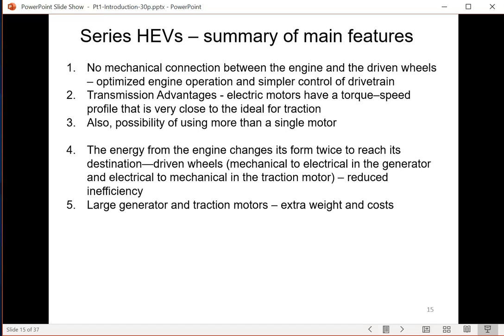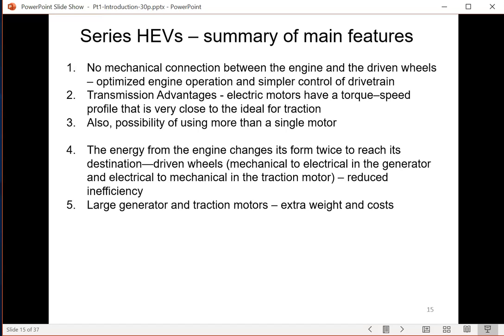That drives the generator. So mechanical, the output of the generator gives you electrical. The electrical goes through various converters to the motor. The motor converts the electrical back to the mechanical. So every stage of that conversion produces losses. Therefore, sometimes the overall efficiency of a series hybrid electric vehicle can be quite low because of all the losses in the conversion process.